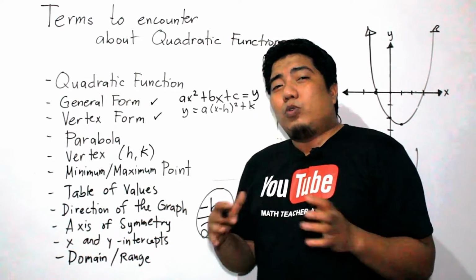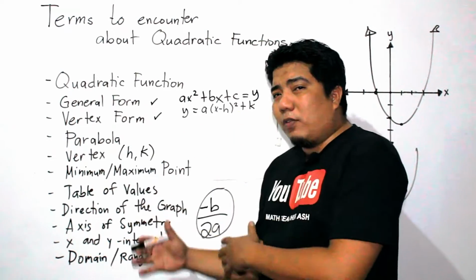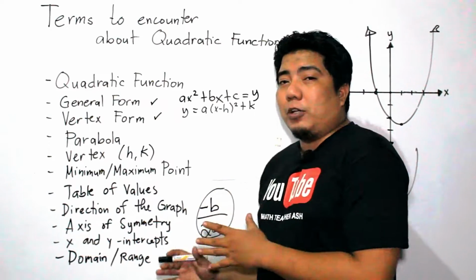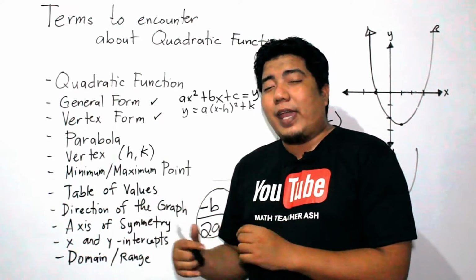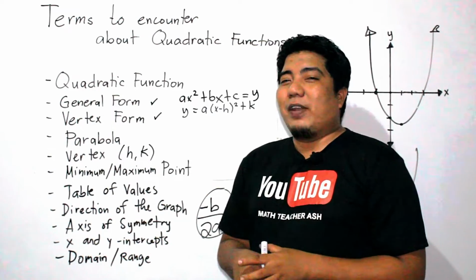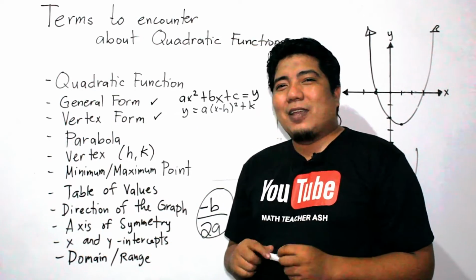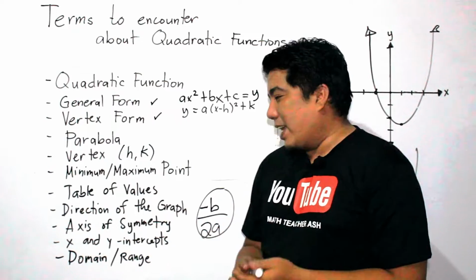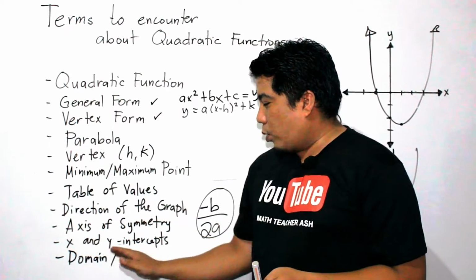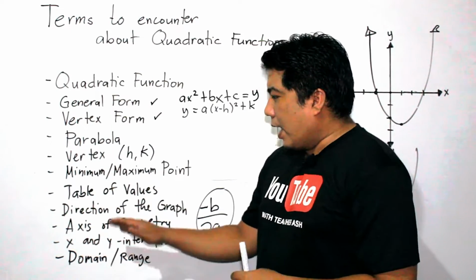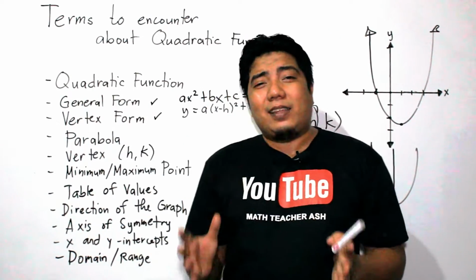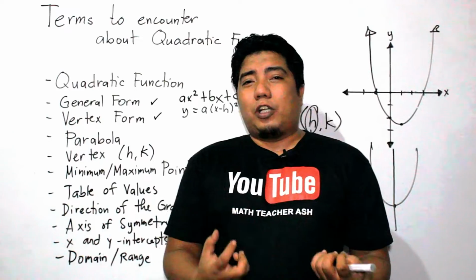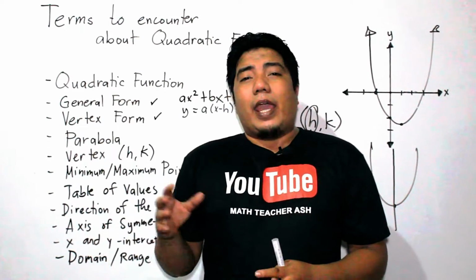You just simplify this formula, and you will have your axis of symmetry. Easy, right? Now, do not worry about how to solve this kind of matter, because in our next video, we will be talking about solving and transforming different forms of quadratic functions. Okay, now let us go to our x and y intercepts. Basically, you already have the idea of these terms from grade 8.